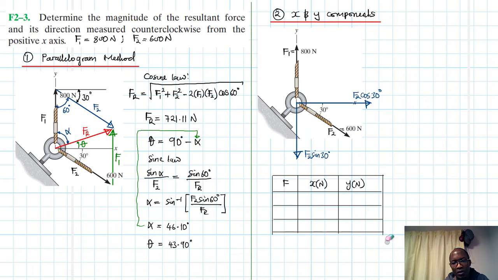Once we've done this, let's start summing them up. So we have F1, F2, and then the summation of the forces.